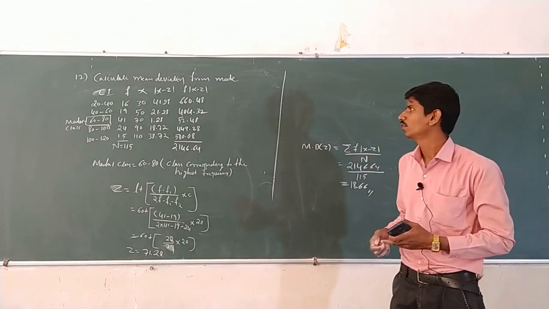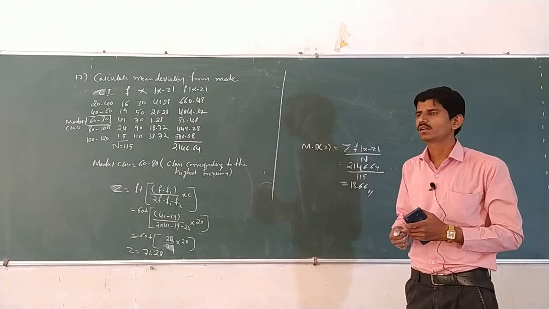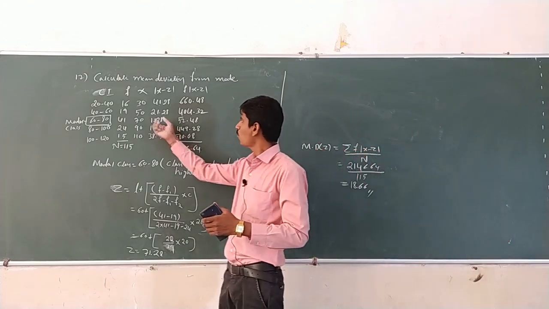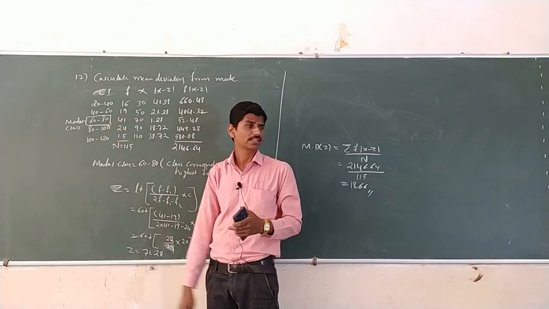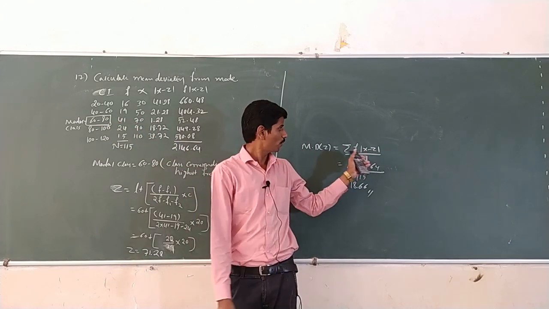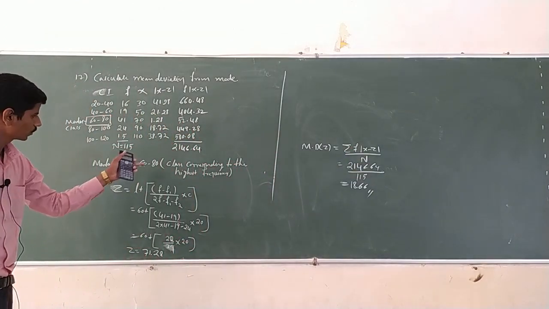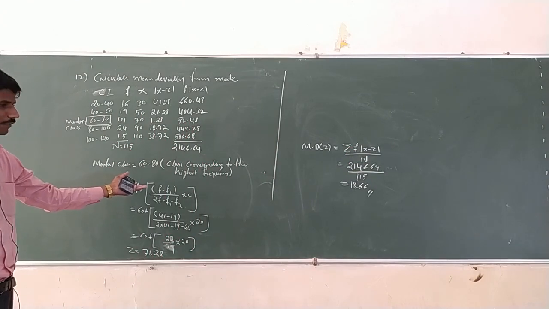It is the calculation of mean deviation from mode. Here the highest frequency is the modal class. The highest frequency is 41, therefore the modal class is 60 to 80. Then you have to apply the formula, that is sum of f into mod of x minus z divided by capital N. L is the lower limit of the modal class. F is the frequency of the modal class.